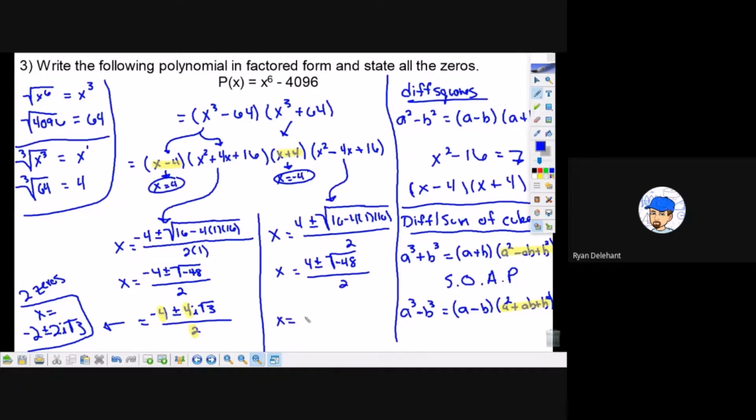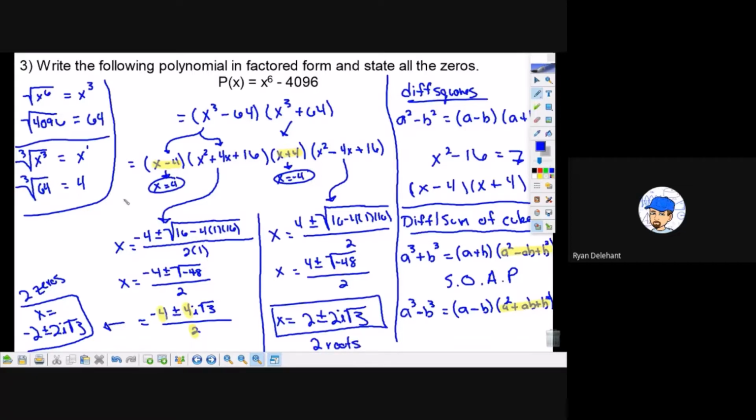The square root of -48 is going to simplify the same. You're still going to have the same common factor like we did down here. The only thing is this 4 is not negative, it's positive. So we're going to get the same pair of roots, same looking root. It's just going to be a +2. So that's another 2 roots.